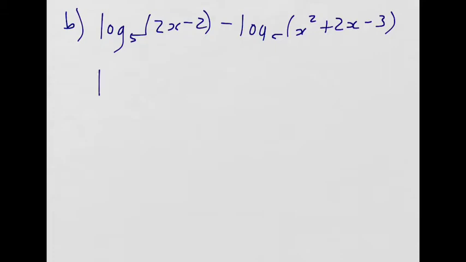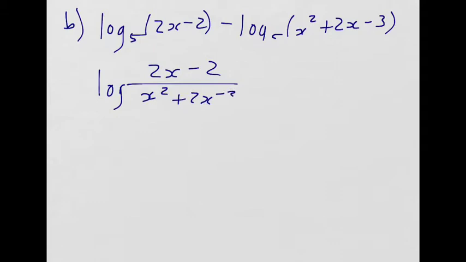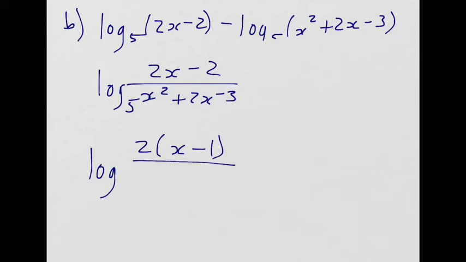So I have log of 2x minus 2 all over x squared plus 2x minus 3, all with a base of 5. Can you factor the top? Yep. What do I factor out? 2. Can I factor the bottom? Yeah, I just did it, right?